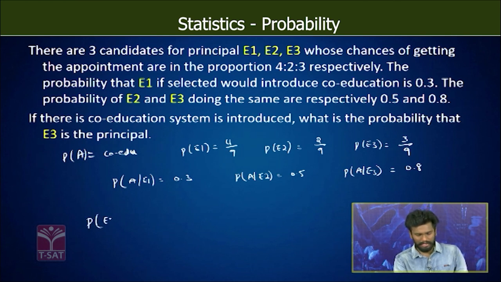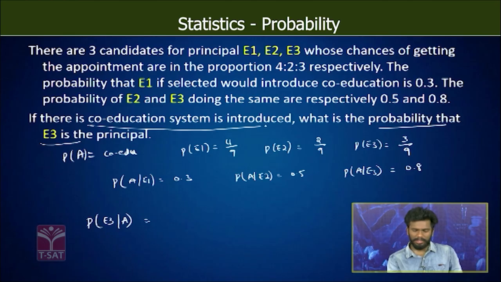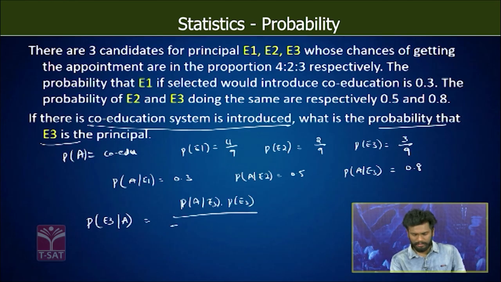Probability of selecting E3 given that co-education is already introduced. See here, the probability of selecting E3 as principal, when the co-education system is already introduced. So it is given by, directly applying the Bayes theorem formula, probability of A given E3 into probability of E3 divided by summation probability of A given Ei into probability of Ei, where i takes values from 1 to 3.